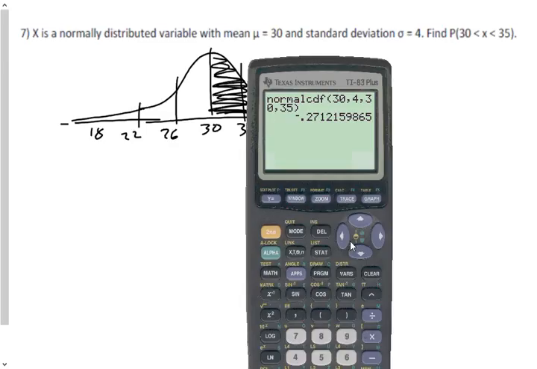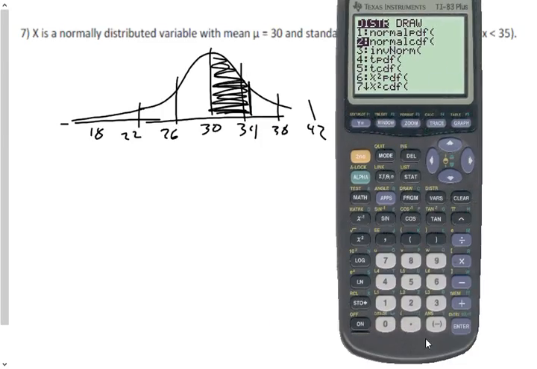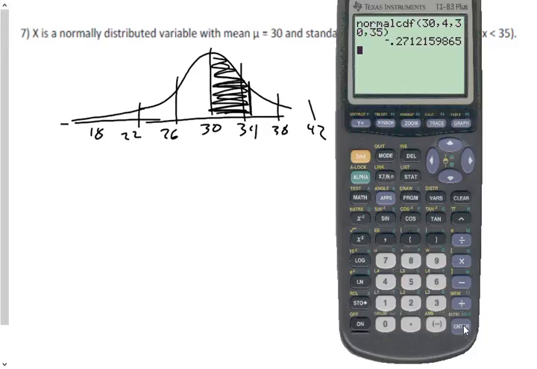But you can see that didn't do that because it gave you a negative number. So let's just make sure I entered that in right. So mean, standard deviation, between 30 and 35. Yeah, it is giving me that both times.